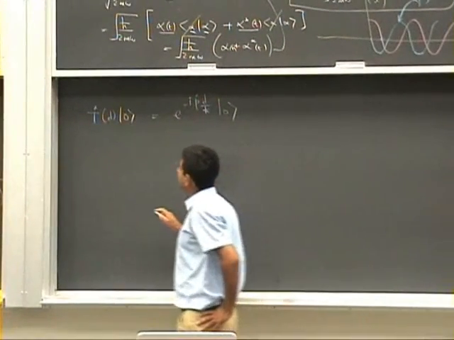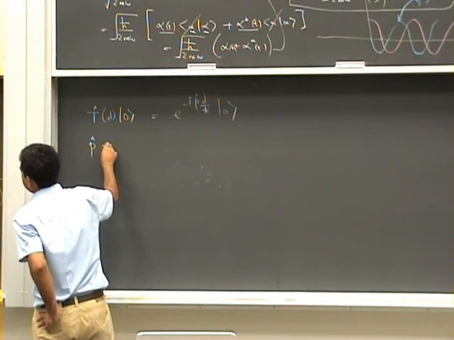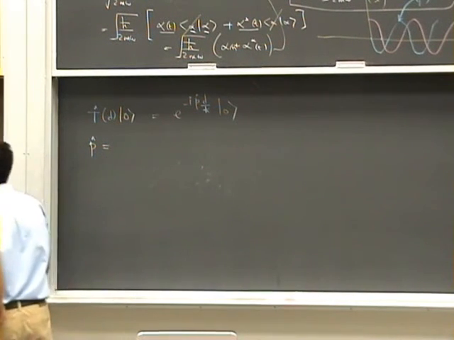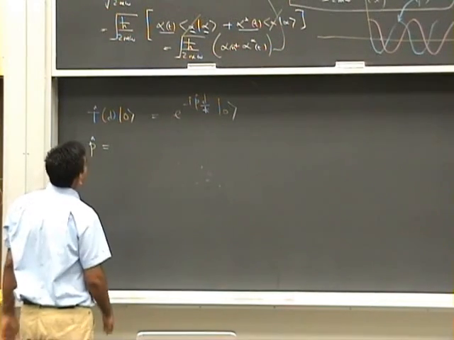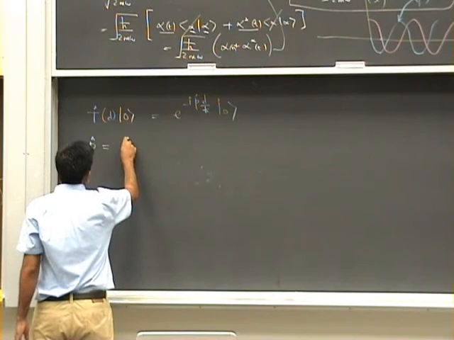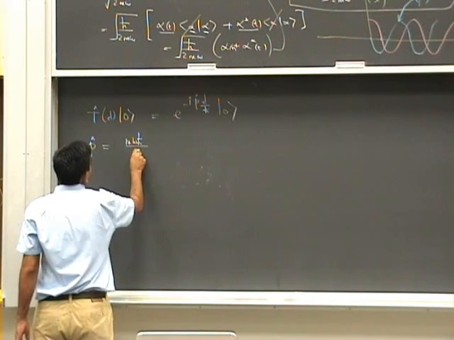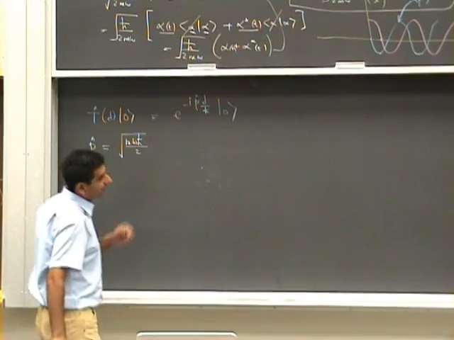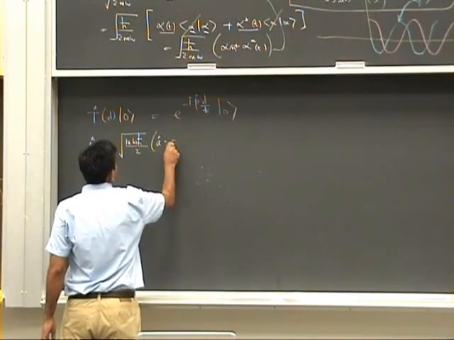Now my P, once again I would like to write down my P. Momentum operator is i times square root of m omega h bar over 2, right? Times a minus a dagger.